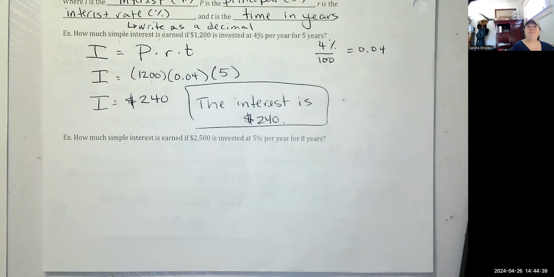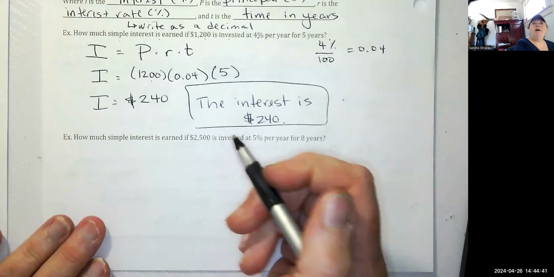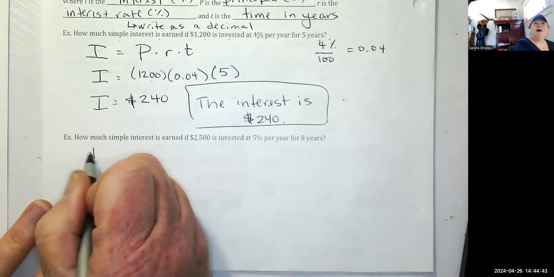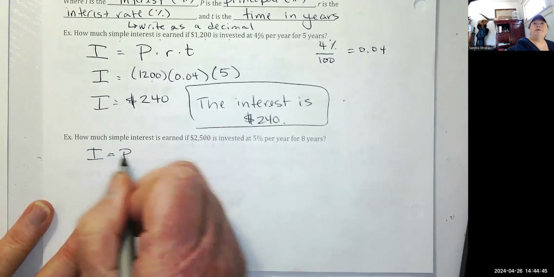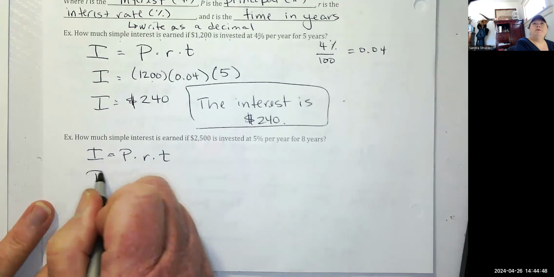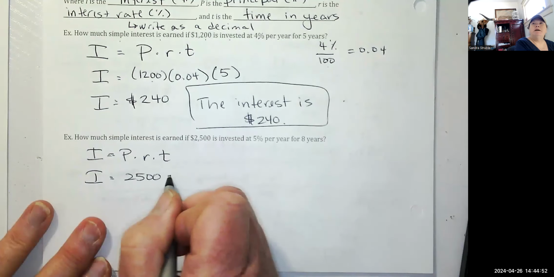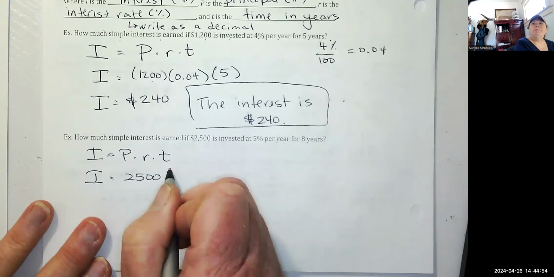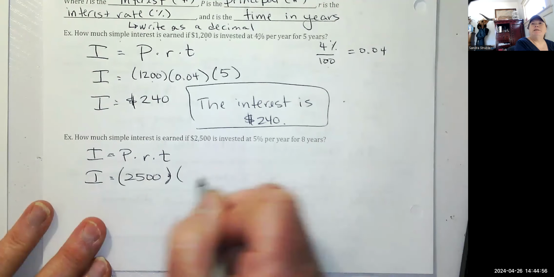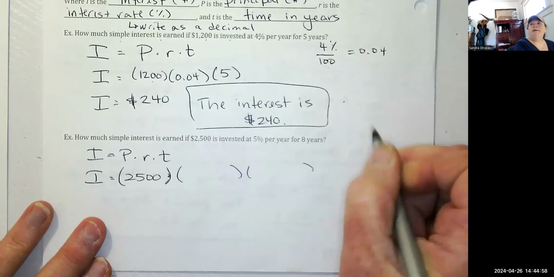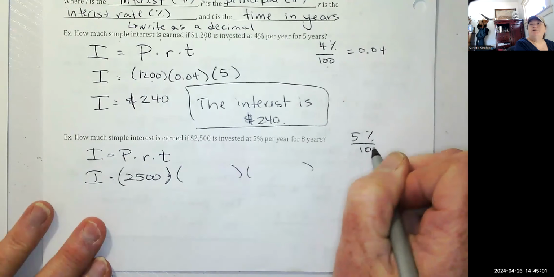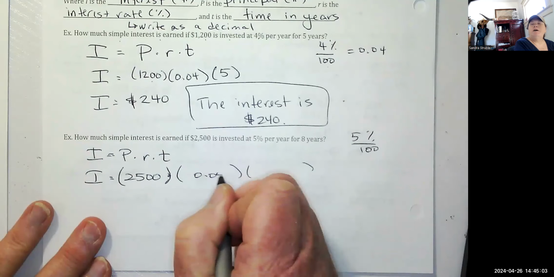Okay, pause the video. All right, when you come back, how much simple interest is earned? So we're looking for I equals principal times rate times time. The initial amount invested is 2,500 times 5%. I'm going to make this parentheses because we're going to have a decimal. 5% is 5% divided by 100, and we get 0.05.